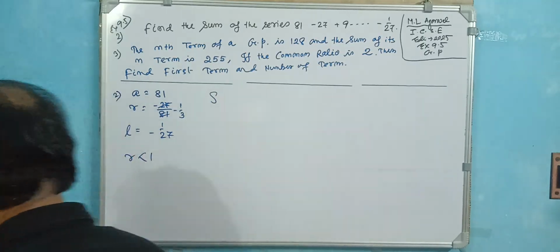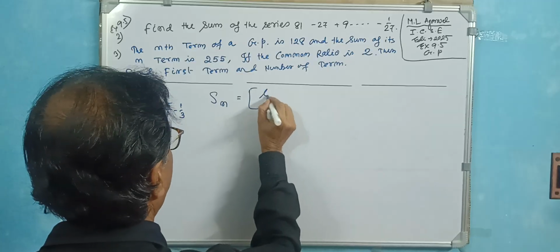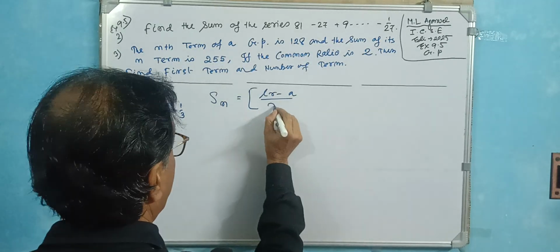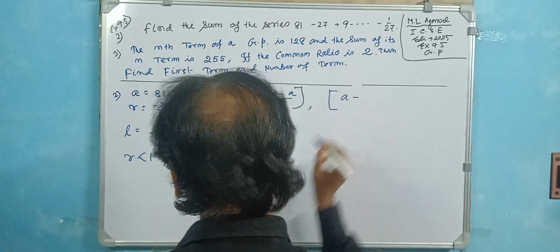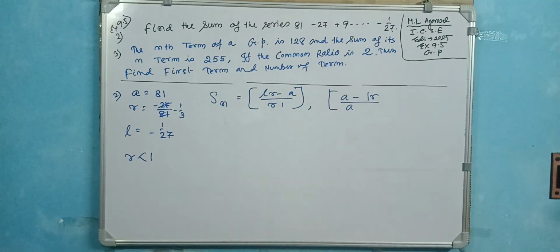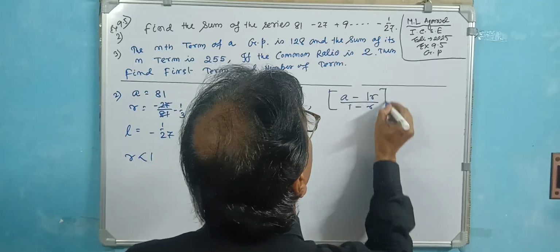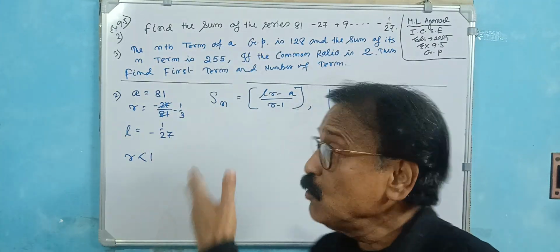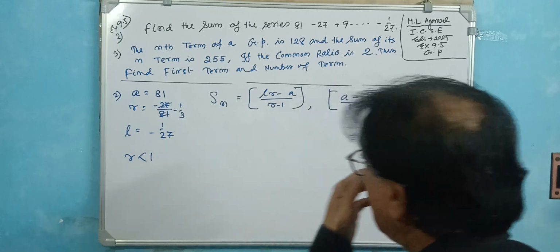One formula you know from the previous video is for when the last term is given. In ICSE, two formulas are there. One is (lr minus a) by (r minus 1), and the other is (a minus lr) by (1 minus r). Sorry, this is r minus 1 and this is 1 minus r. You have to remember these formulas. If the last term is given, then you use these formulas.